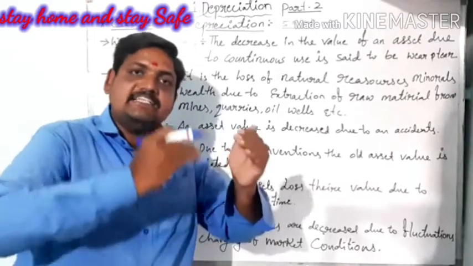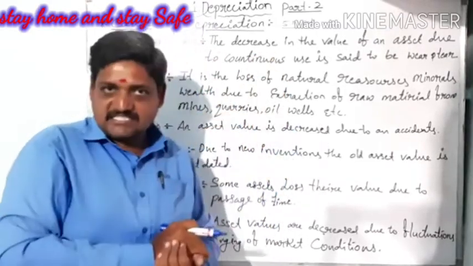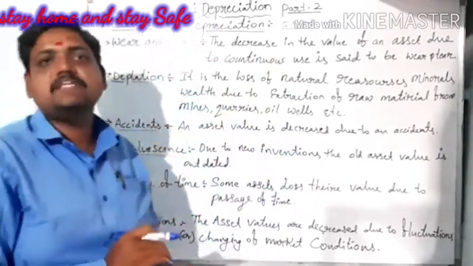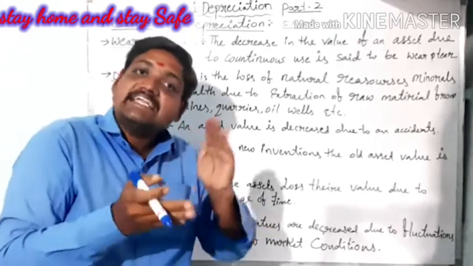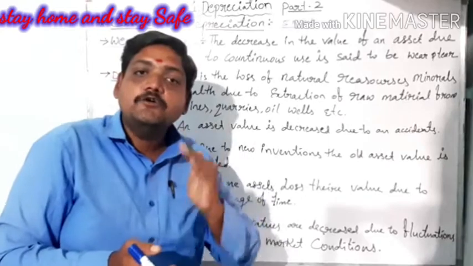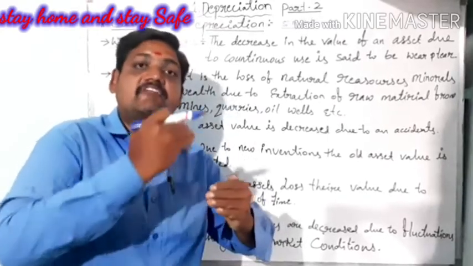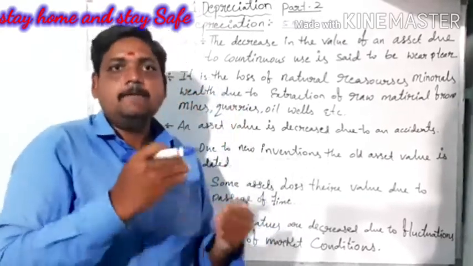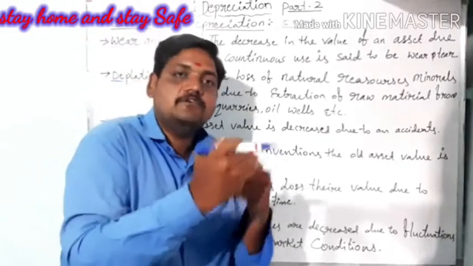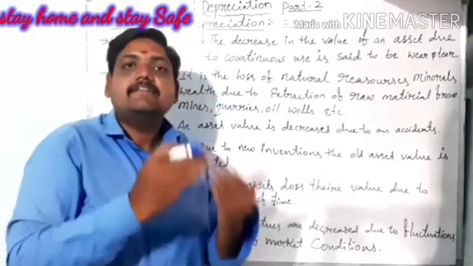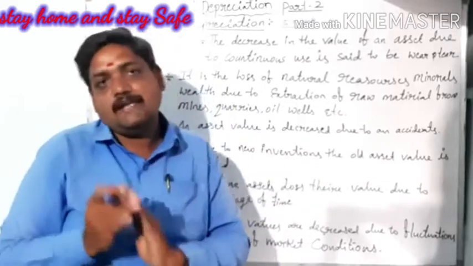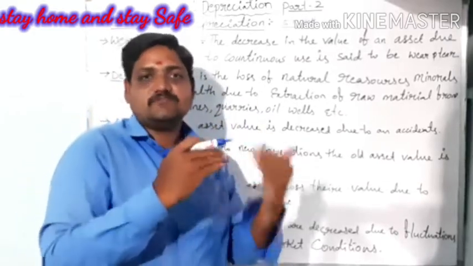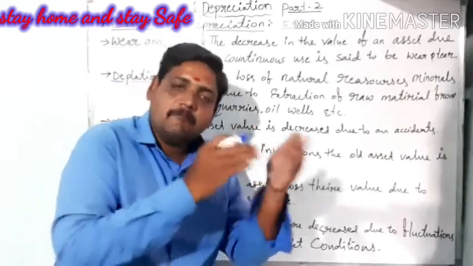Then some technical changes came into existence in the market. At that time, the mobile phone also decreased in value. Why? Due to the invention of smartphones. When smartphones entered the market, the mobile phone also decreased in value. Why? Because of the technical changes happening in the market condition.